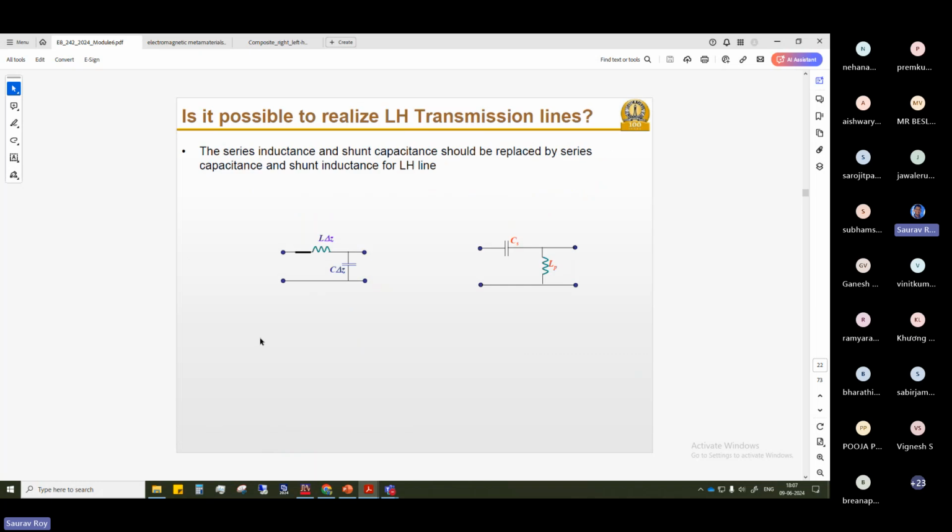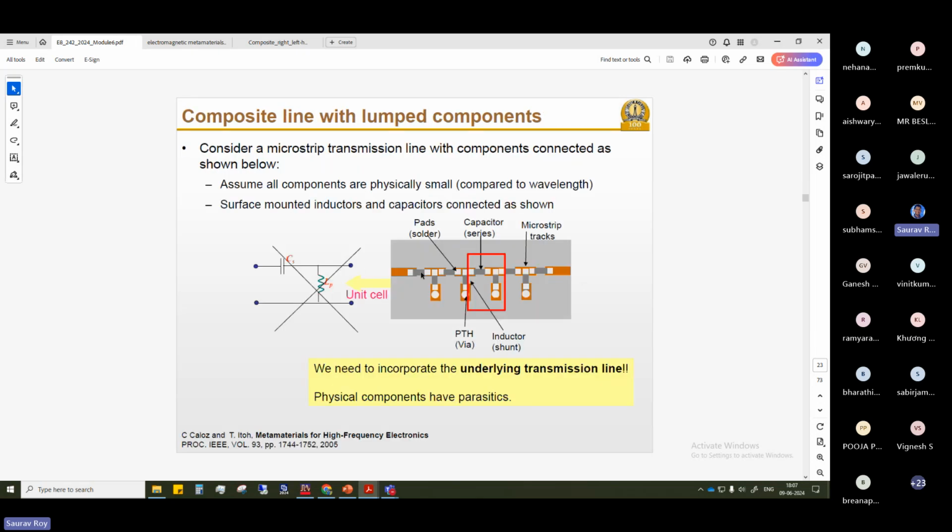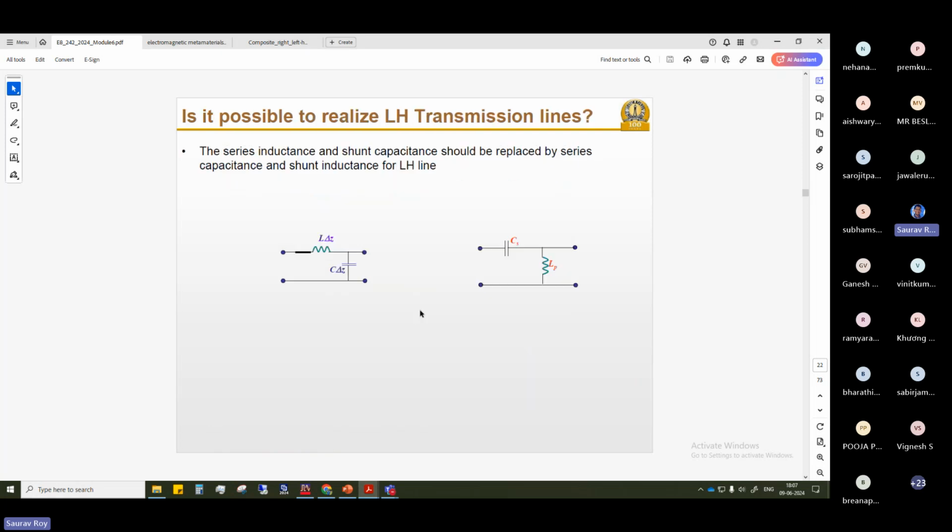Now, in a normal transmission line, we don't have a capacitor in series and an inductor in shunt. We have the opposite, right? So how do we fabricate this? One simple way is to just put in some lumped elements. If we use a lumped capacitor in series and an inductor in shunt, it should give you the behavior like this.